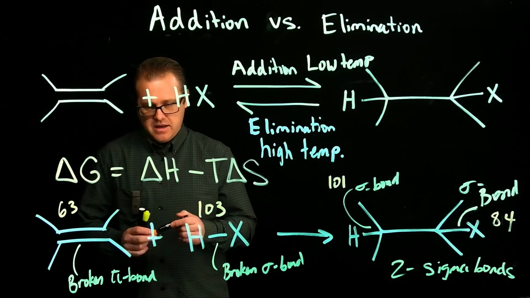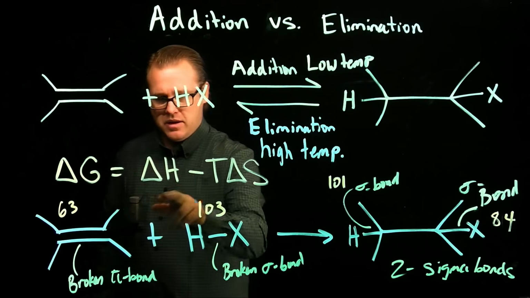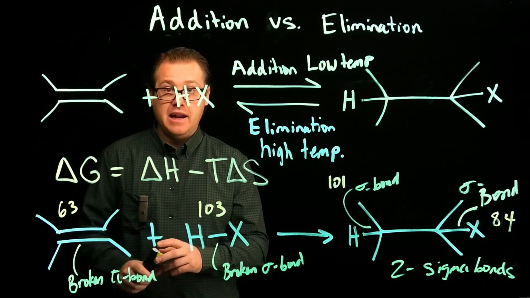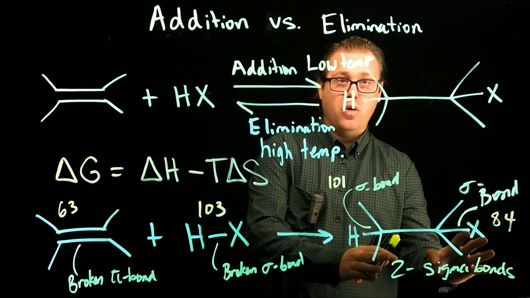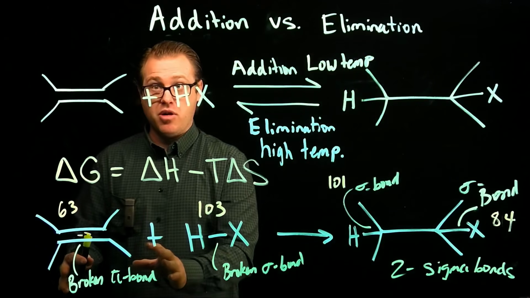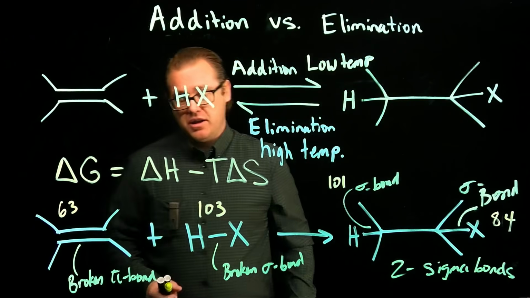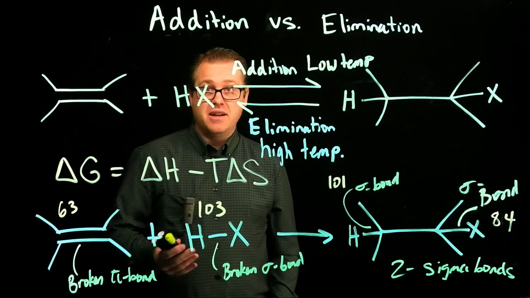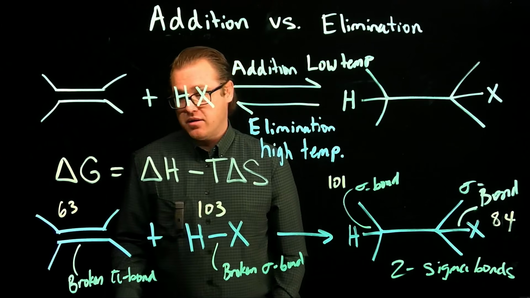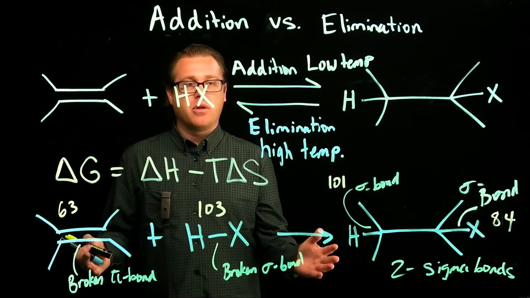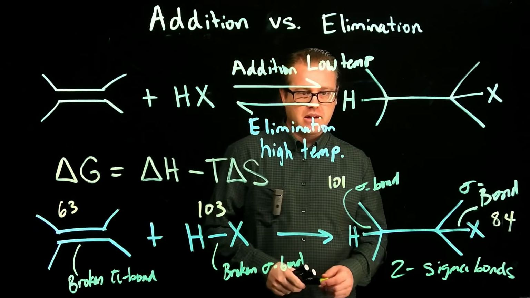To calculate the enthalpy term, it's generally calculated by looking at bonds formed minus bonds broken. That's typically how you calculate delta H. Now that's not entirely true. There are other factors, but for our purposes, that's the only factor we're going to consider.